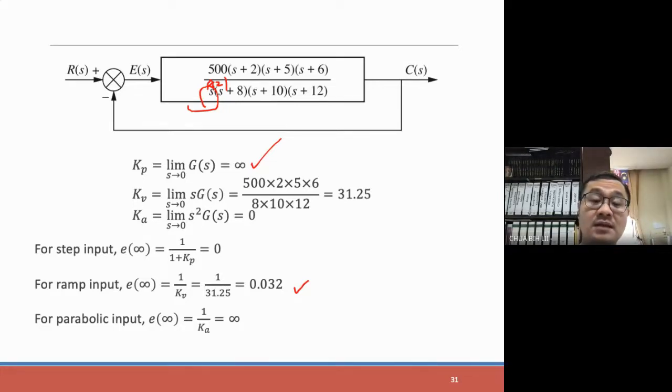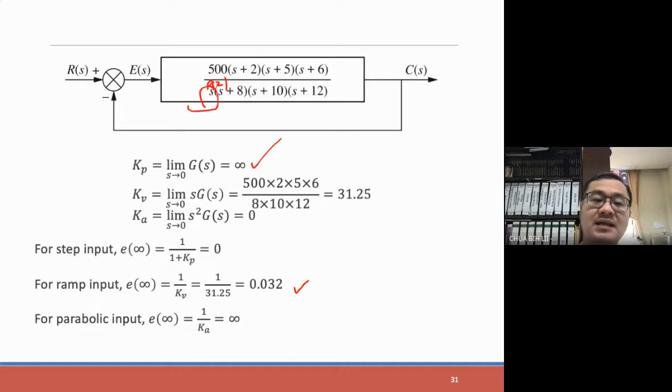And when Ka is 0, the steady state error for the parabolic input would be infinite. So infinite, 0, 0, infinite: inversely related, because the static constant is at the denominator.